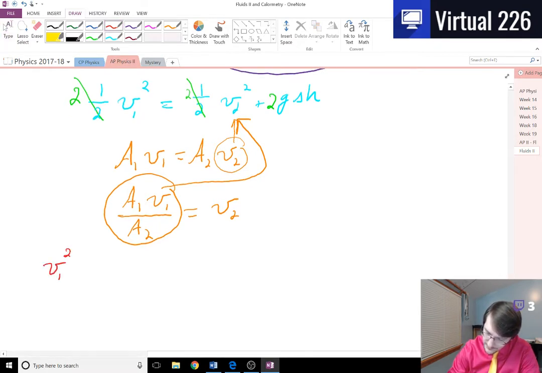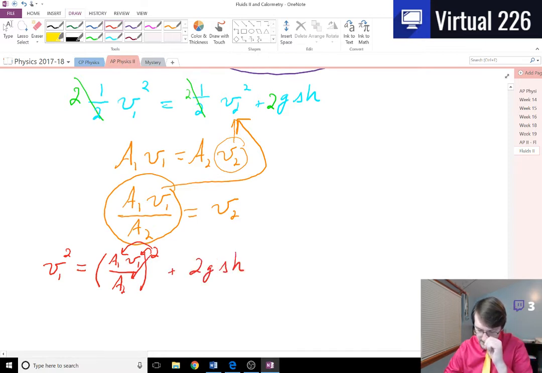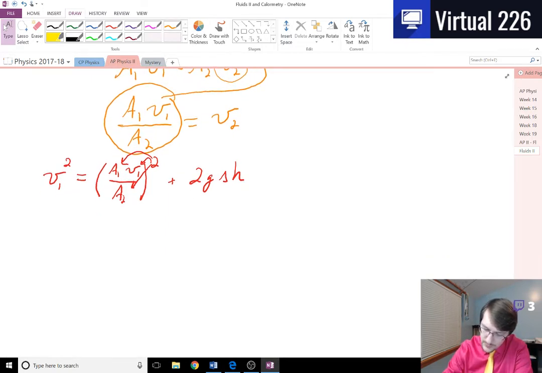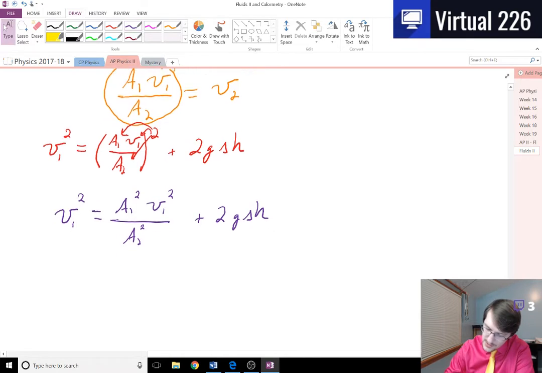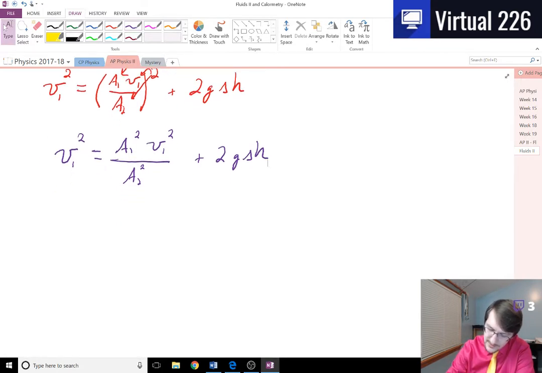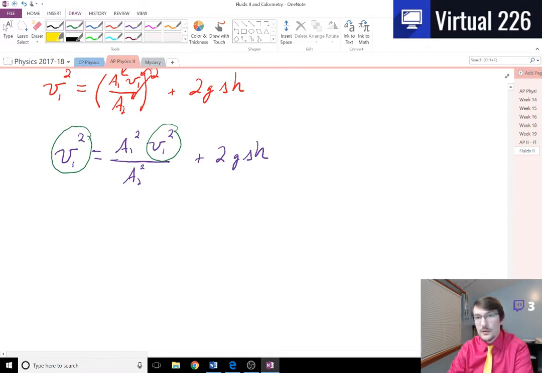So if we rewrite this now, what we're going to have is V1 squared equals A1 V1 over A2 quantity squared, which actually means that this squared value goes to all of these, plus 2G delta H. I'm going to rewrite that out for completeness. V1 squared equals A1 squared V1 squared over A2 squared plus 2G delta H. What I can do now is I see that these V1s are like terms.